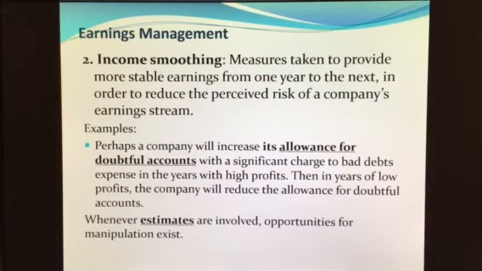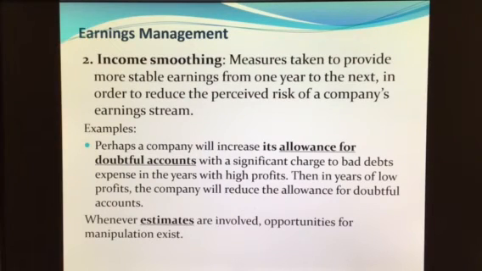Whenever estimates are involved, opportunities for manipulation exist, and that's why when you're doing audit work, one of the things you look at is to see if the company has changed its policies, if it's changed any accounting policies, if it's gone from FIFO to LIFO in the inventory cost flow policy that it follows, whether it's changing any of its depreciation methods.